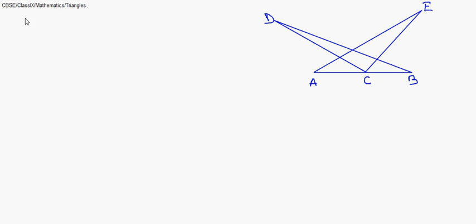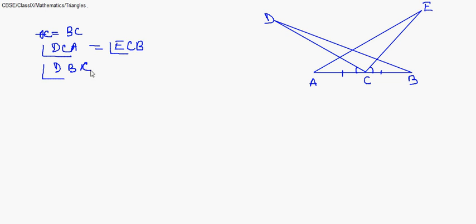In this figure it says AC is equal to BC. It also tells us that DCA is equal to angle ECB. These two are equal. More information given says DBC equals EAC.